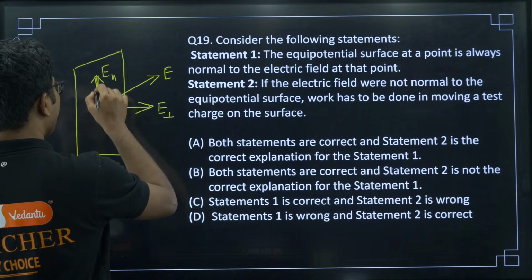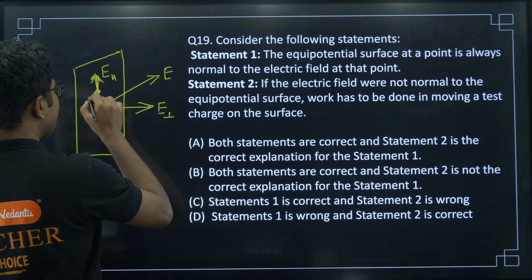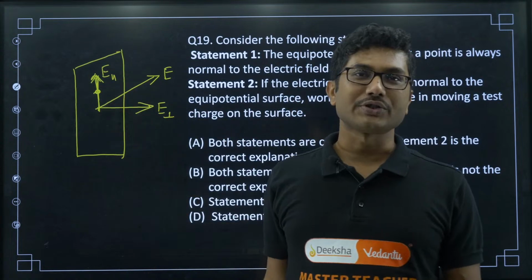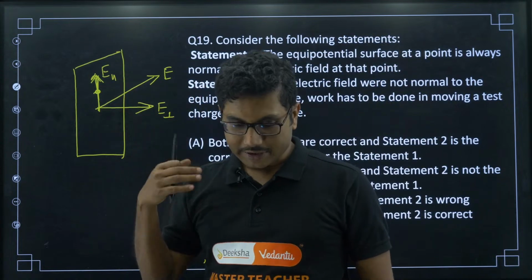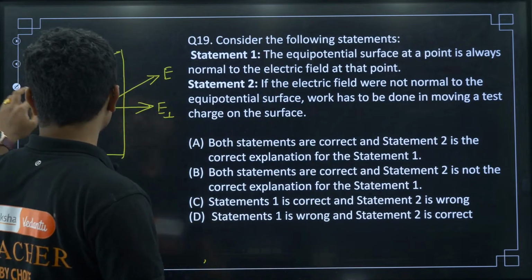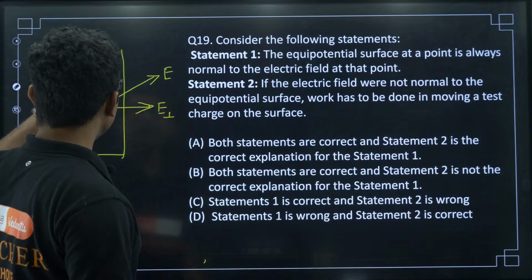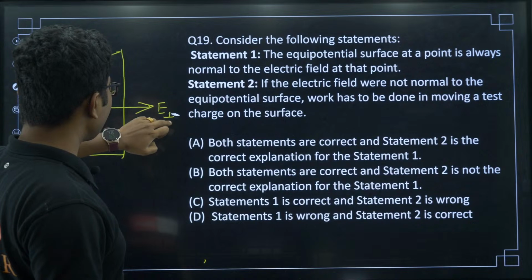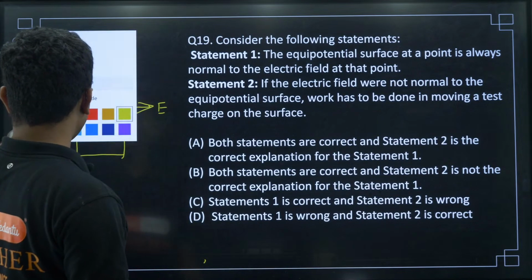Now, this will cause the charge to move. Suppose I keep a charge and move it opposite to the electric field, I have to do some external work, which is not possible on an equipotential surface. All the points are at equal potential, so the work done will be 0. So, that is not possible. The only thing that is possible is that it has to be normal.